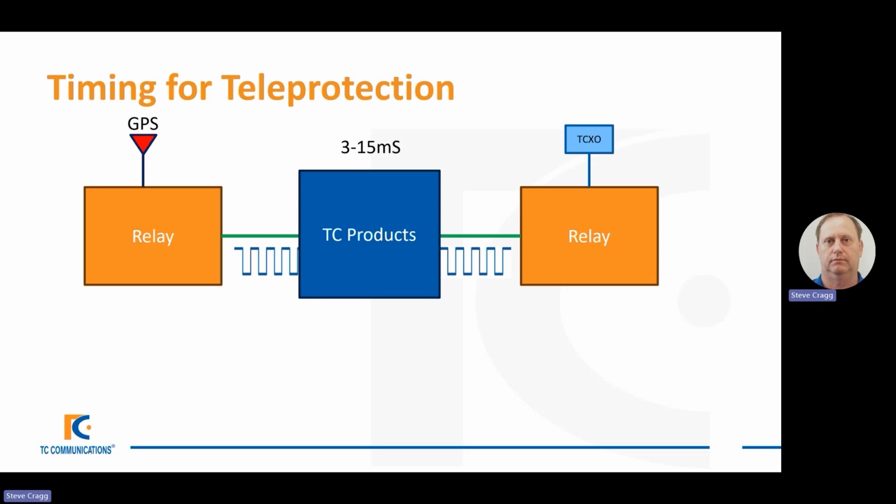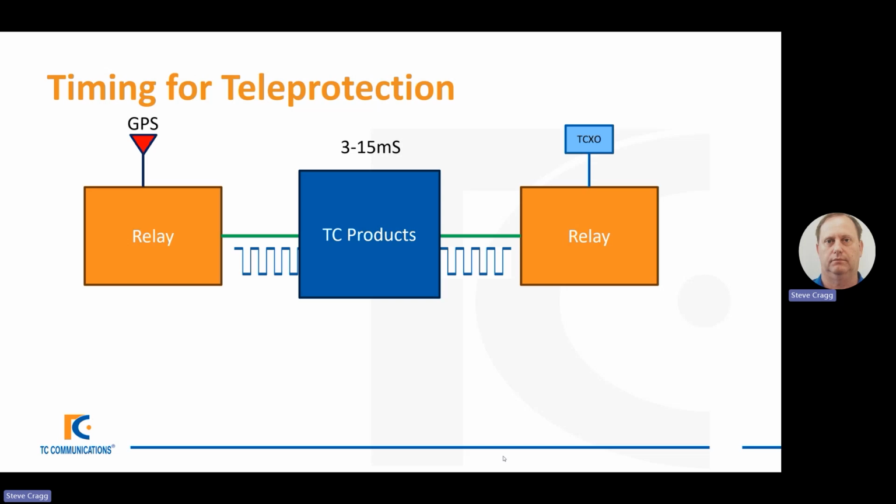I've shown here a typical one, 3 to 15 milliseconds between the relay on the left and the relay on the right. That would be quite a significant change, in the fact that we were looking for really fast timing before, but this has a delay in between.